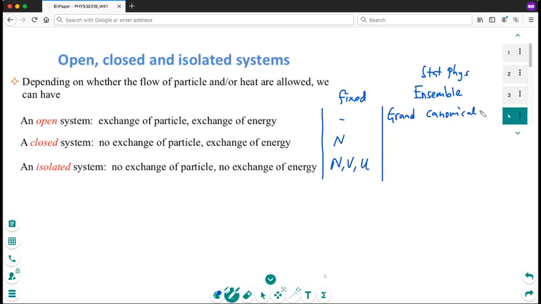That is why I feel that some thermodynamics is important: you develop a lot of things before you talk about ensembles. If you have a closed system, this is a canonical ensemble. And an isolated system is called the microcanonical ensemble.